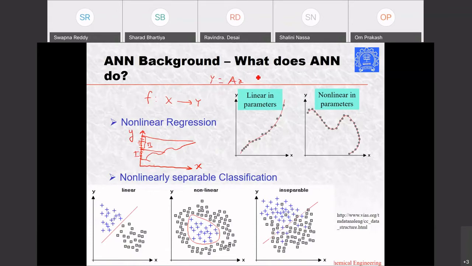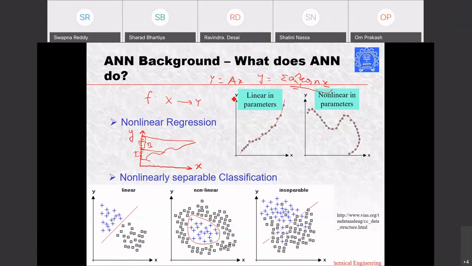For example, if you look at a Fourier series and you say y is equal to some summation of an cos of nx, though x is inside this cosine, you will see that this parameter an is linearly related to that function. And if that is the case, it is not a nonlinear regression, it's a linear problem.